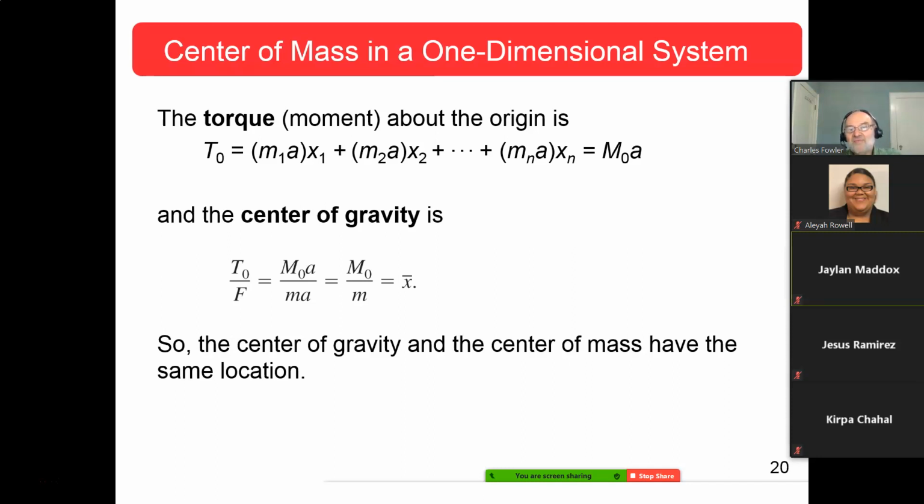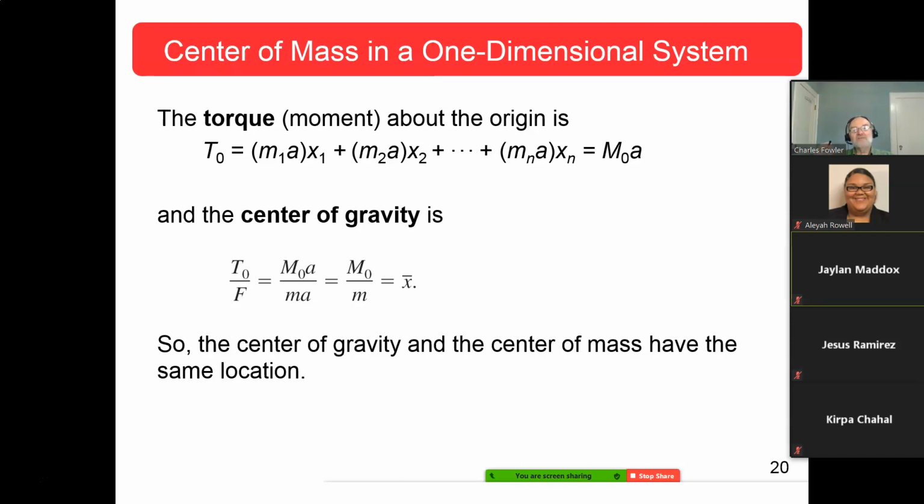Then the center of gravity is total torque divided by total force, which would be m0a, which is your center of gravity times your acceleration, divided by the total mass, total force, which is ma.